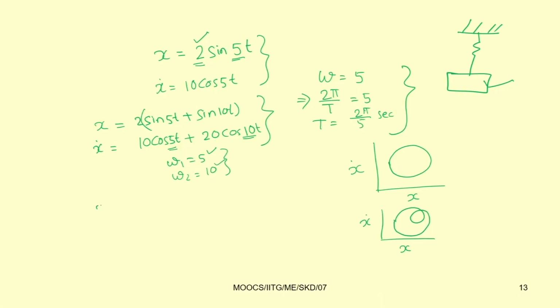But if you take a two frequency response in this way, 2 sin 5t plus 2 sin 5 root 2 t, then x dot will be equal to 10 cos 5t plus 10 root 2 cos 5 root 2 t.